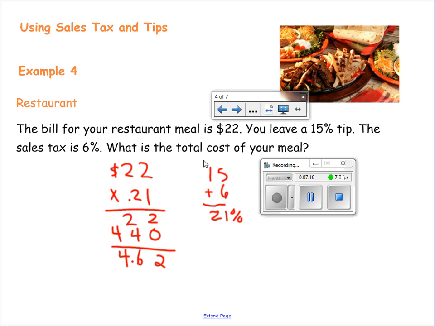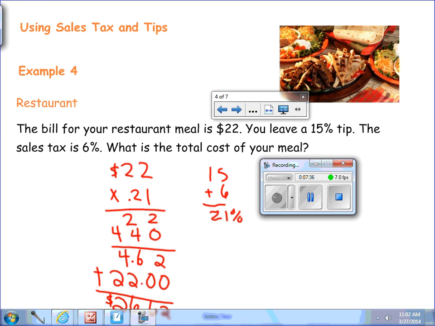That is for my tip and for my sales tax. So I'm going to take $4.62, add it to how much my actual meal cost. $26.62 is how much you spent in total that night on dinner.